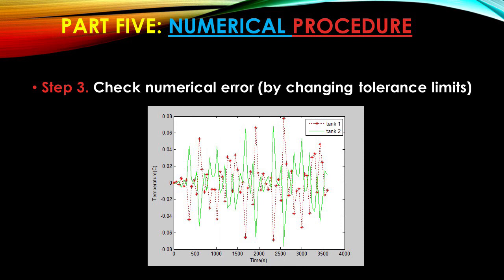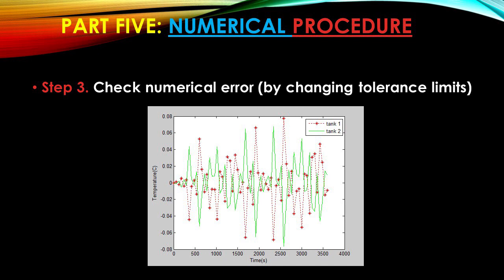Okay? So you plot the relative tolerances. What that means is you check how good it is by changing your relative tolerance. In MATLAB, when you're doing your calculations, you set your relative tolerance and you plot the difference. The biggest error that we had was 0.08 degrees.